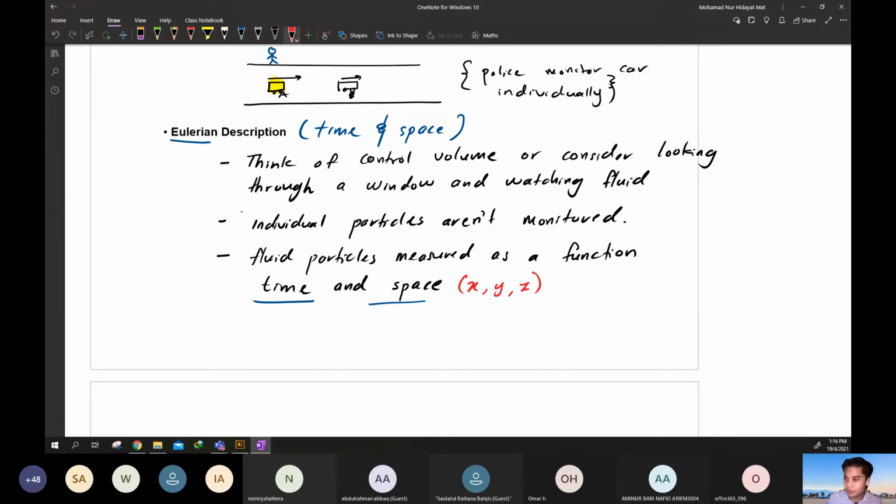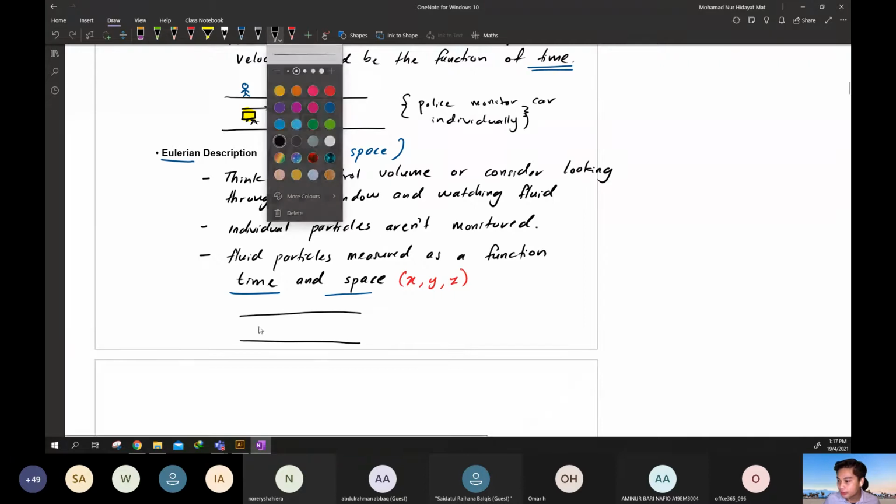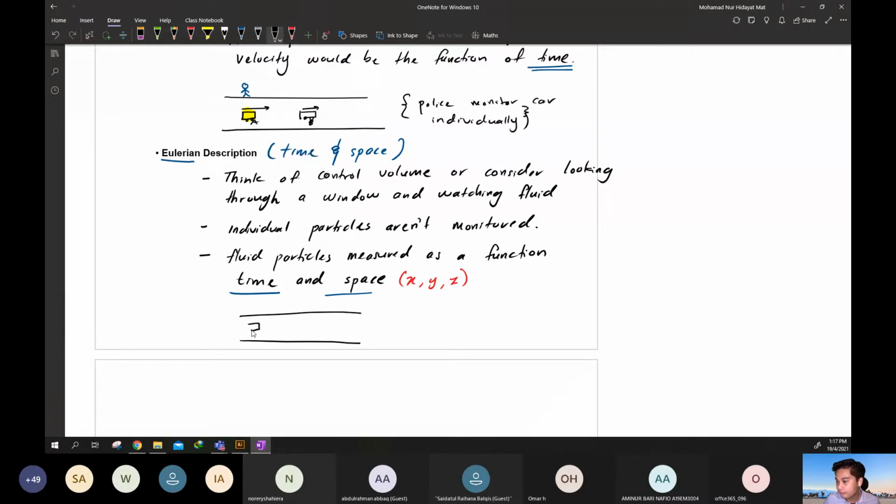So how can we relate this to the policeman here? For example, we have the road, and then you have the cars here.